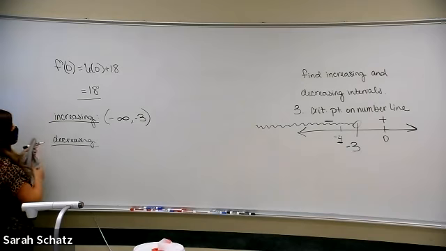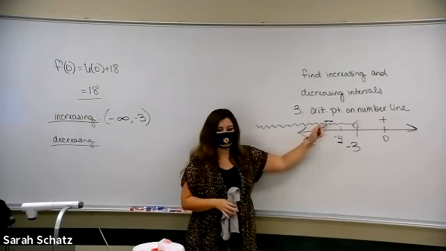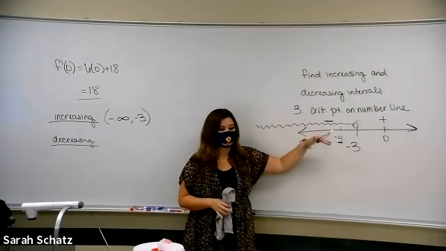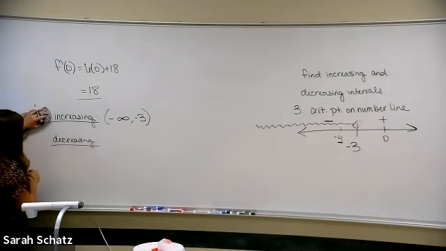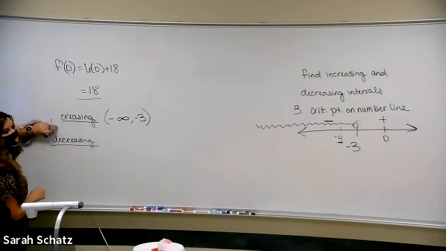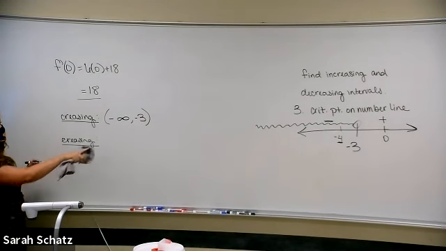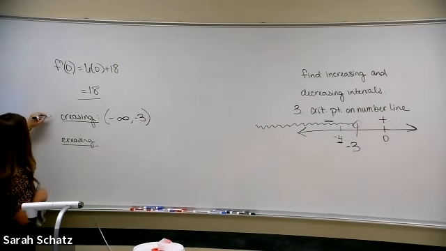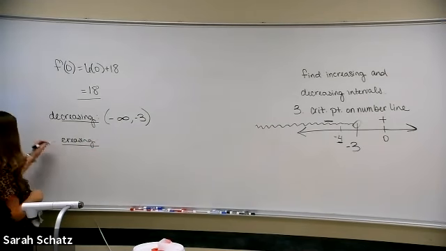So remember our problem, because it was negative here, we're actually decreasing in this interval. We're not increasing. I wanted to start with decreasing, but I didn't write that. So sorry. You guys, this interval was decreasing because it was negative when we tested a value.